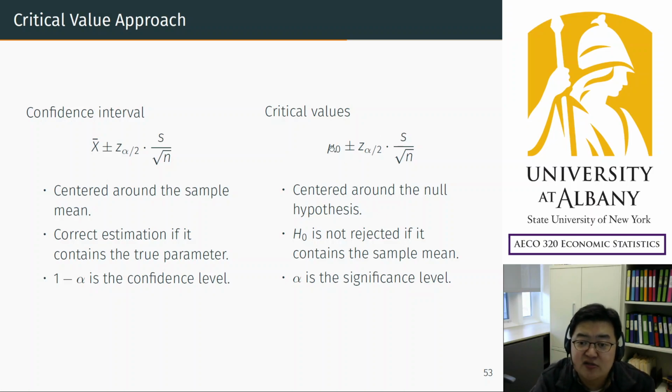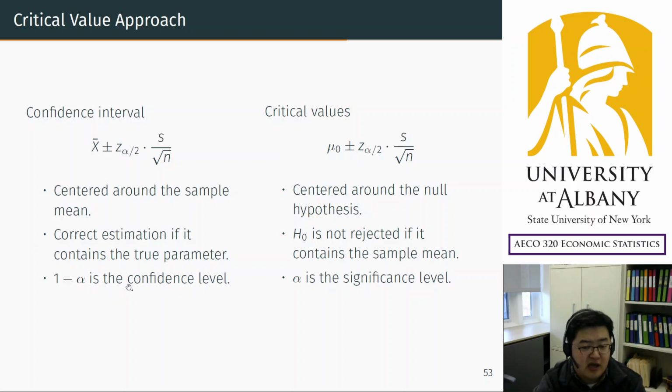So it is around the null hypothesis, mu 0. Mu 0 is from your null hypothesis, and it will be compared with your observation. So the critical values may contain your observed sample average or not. It's kind of parallel: one is an estimation, and the other is a rejection rule. So the purposes are quite different.